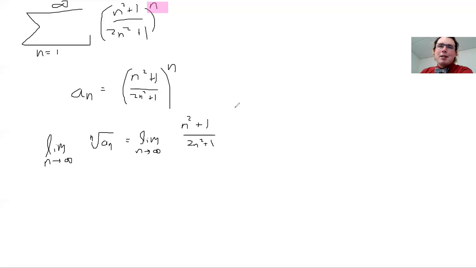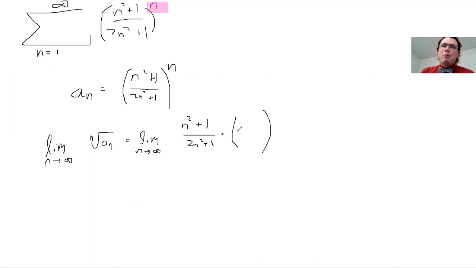But if I want to do it correctly, how do I make it obvious that this limit is tending towards, say, a half? I'm going to look for the largest power that occurs in my fraction, and that's n squared. I have an n squared on the numerator, and I also have an n squared on the denominator. I don't want to change the value of this fraction.